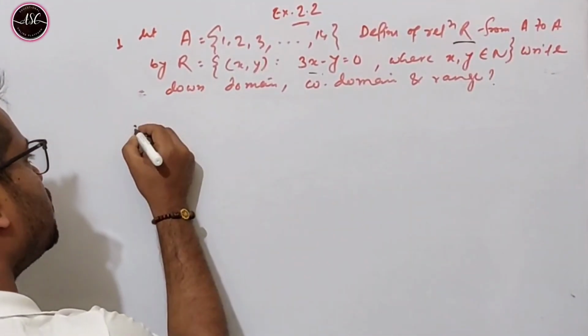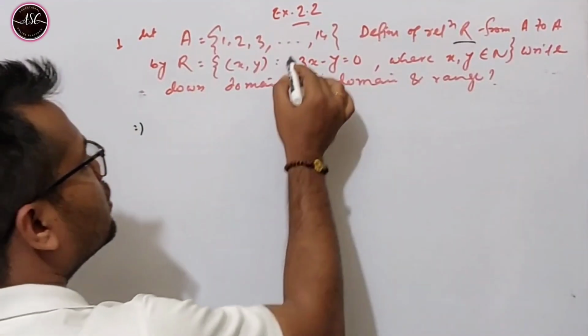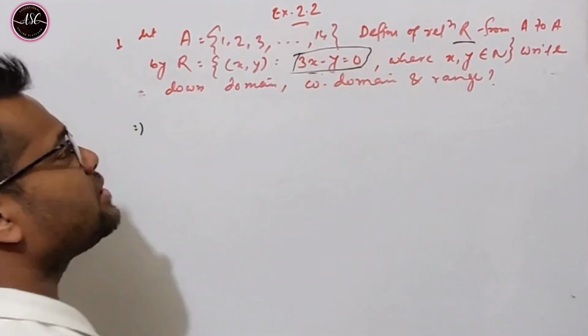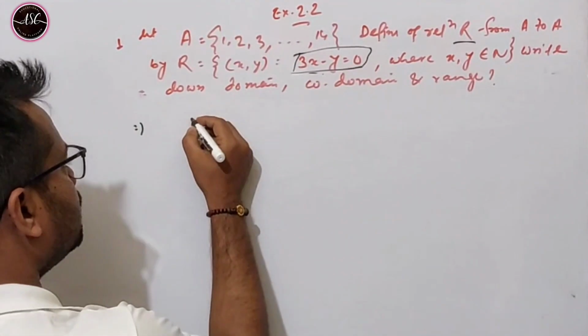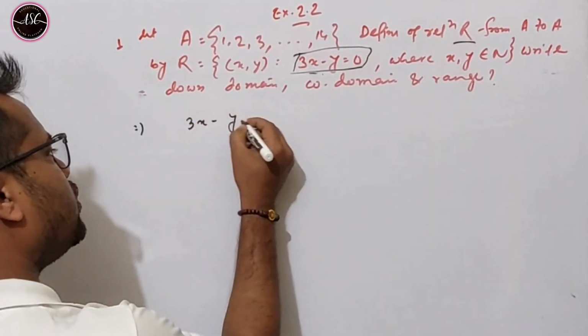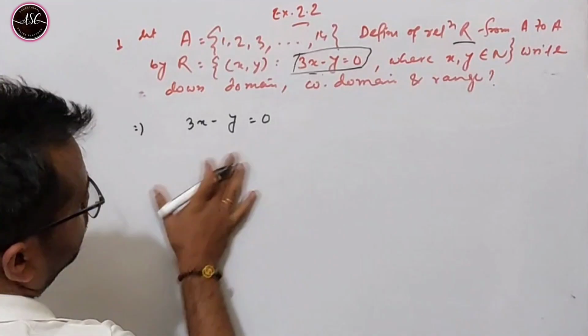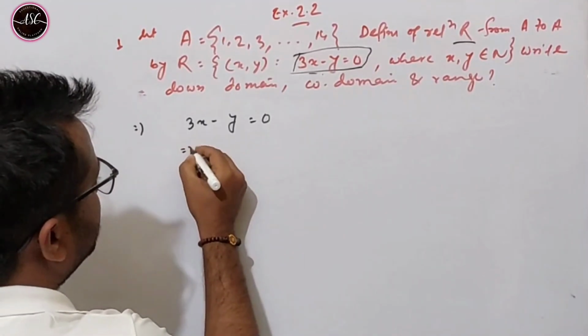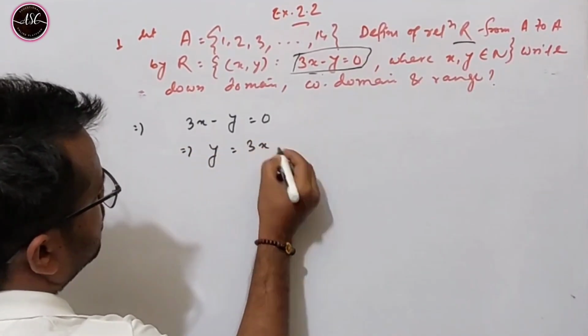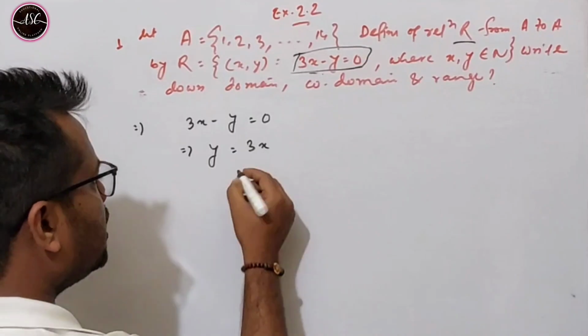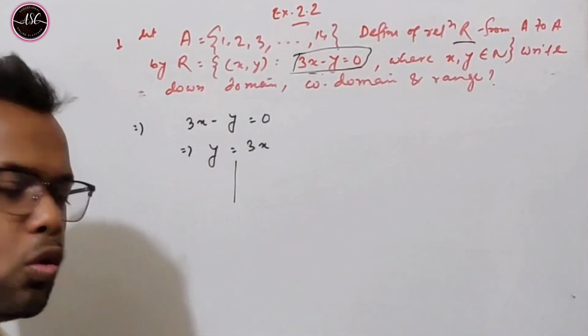So now solve this equation. We first solve 3x minus y equal to 0, where we have to write this as y equal to 3x. Now putting the value of x, we get y.